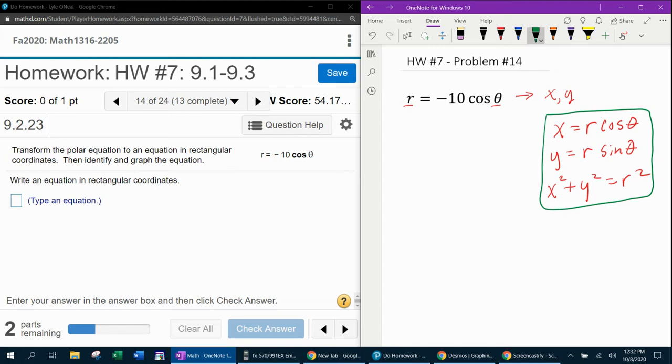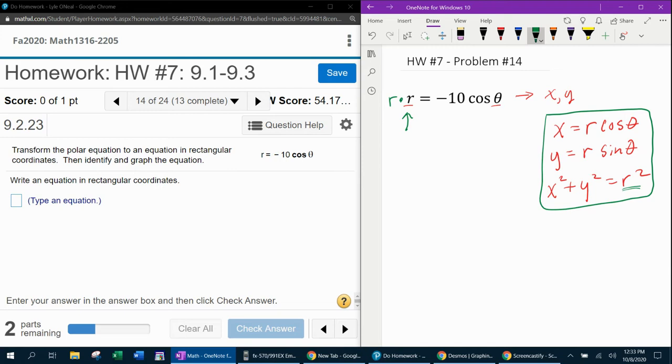So if I'm going to do a substitution, I notice that I have an r squared, but this is just r. So if I multiply this by r, that would give me an r squared.